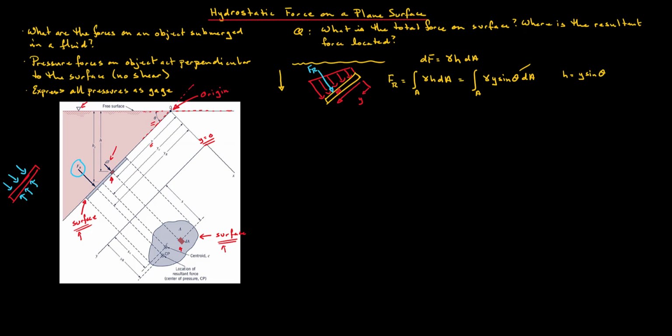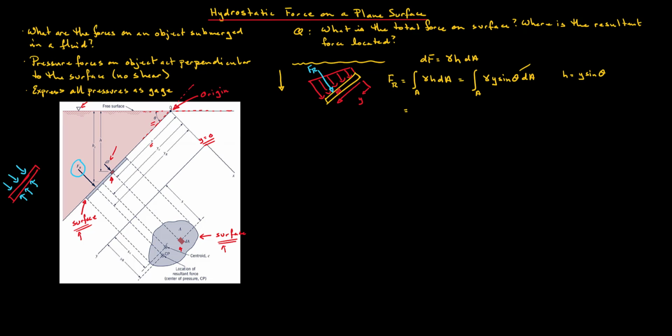In addition, we can make a fairly reasonable assumption that gamma, which is related to rho, the density, will be constant. Okay, so this would be applicable for something like water or whatever, especially if we're not looking at massive variations in height. So therefore, gamma and sine of theta can be taken out of the integral.